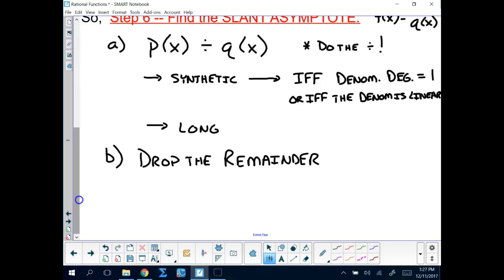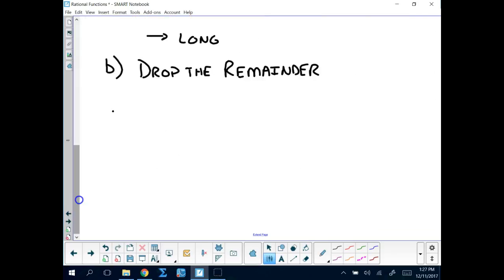So part C here then is your slant asymptote. We'll call it your SA. VA for vertical asymptote, HA for horizontal asymptote. So it logically flows: SA for slant asymptote. A slantote?